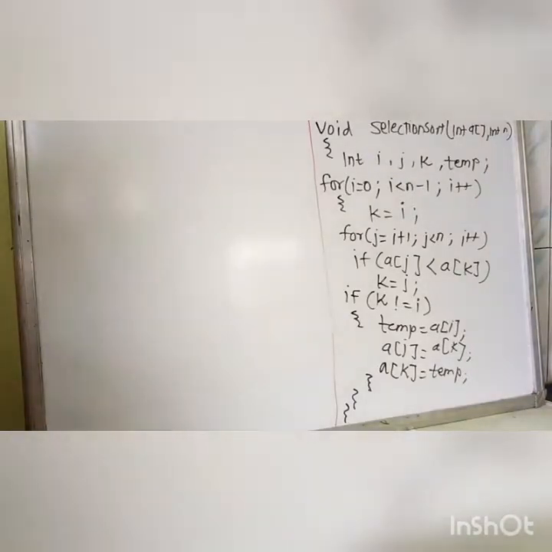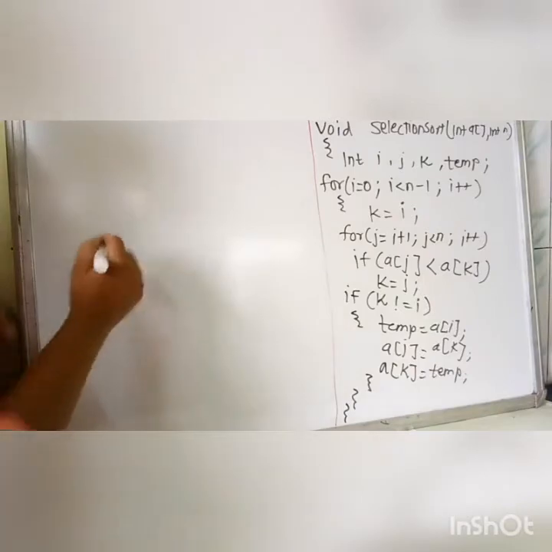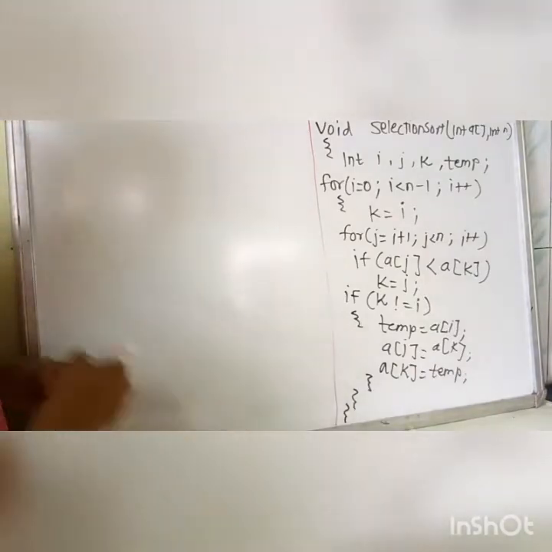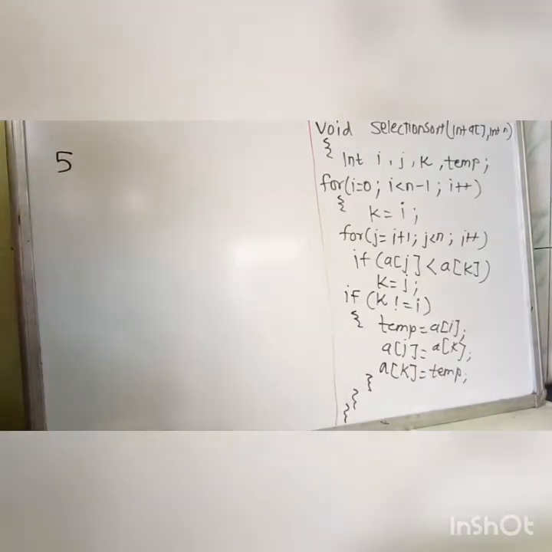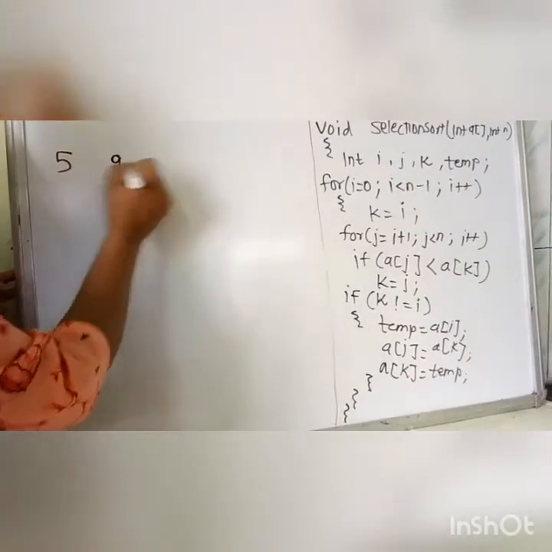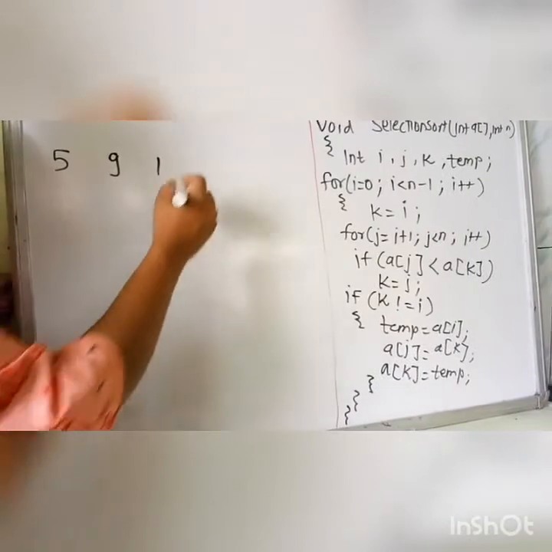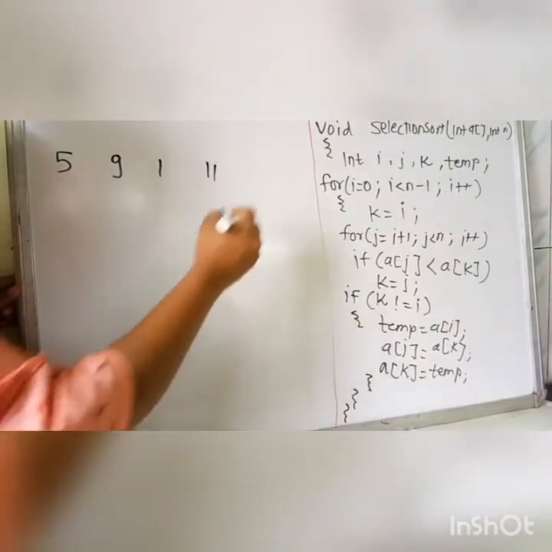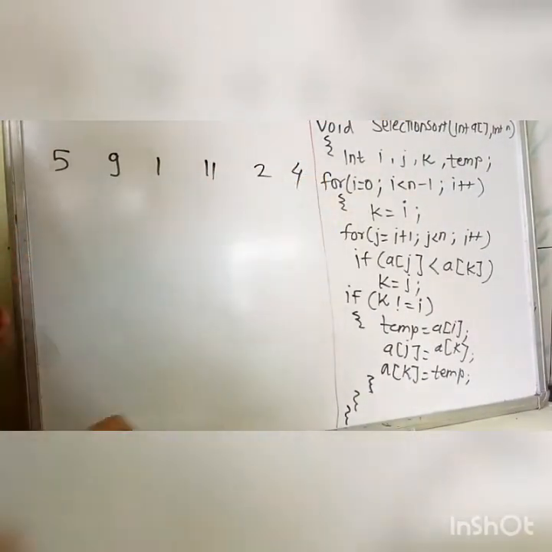Take the elements 5, then 9, 1, 11, 2 and 4.